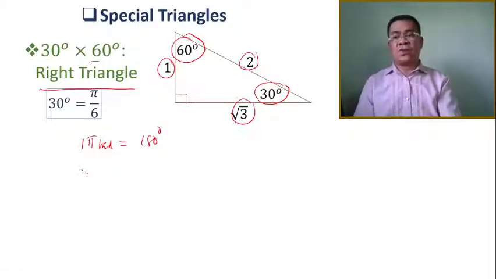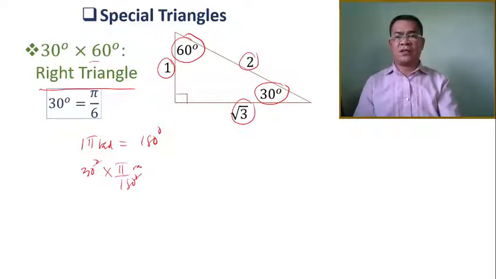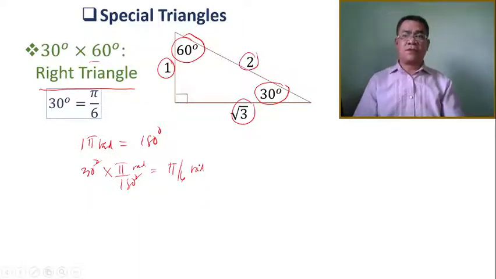So if you want to convert the 30 degrees, multiply it with the ratio of the equivalent, pi over 180 degrees, such that the degree will be cancelled out, and we have the unit as the radian. So reduce this, 30 over 180 degrees. This is equivalent to pi over 6, and the unit is in radian.